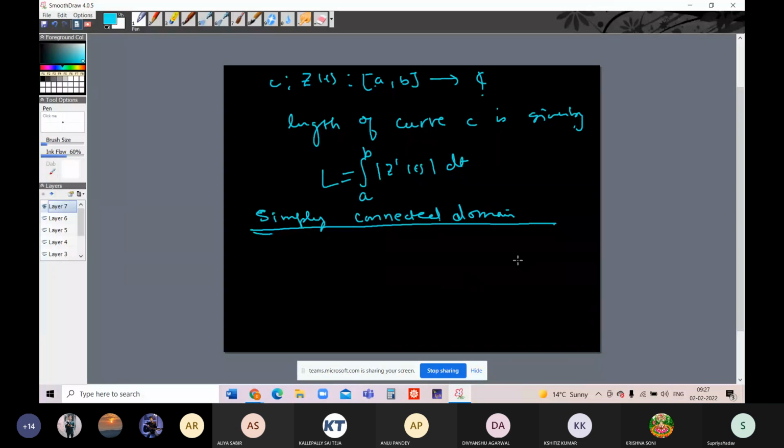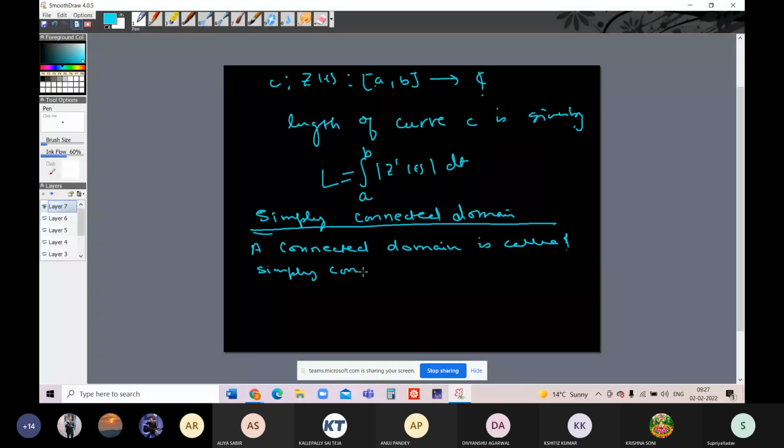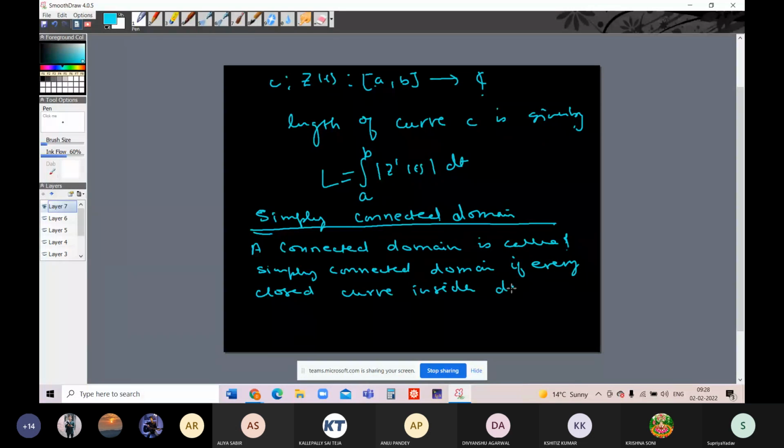A connected domain is said to be a simply connected domain if every closed curve inside that domain includes only points of the domain.